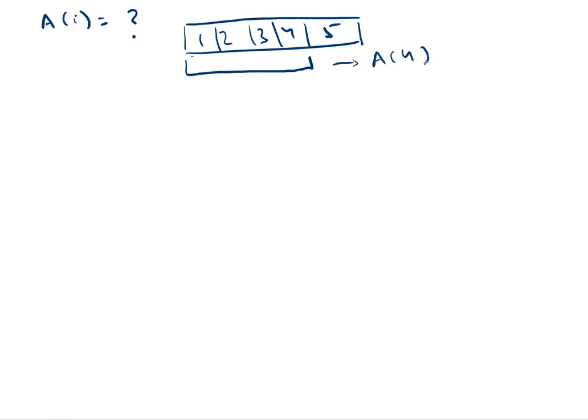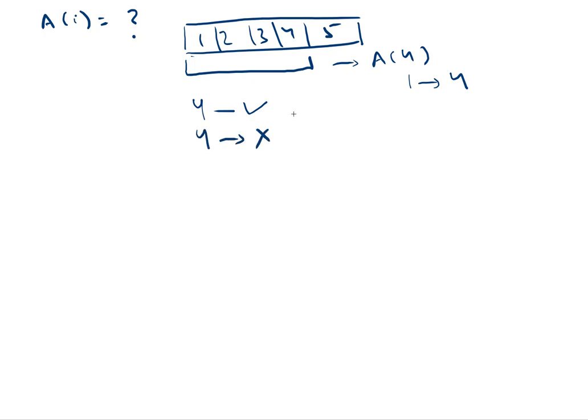So this is the maximum amount which can be stolen by stealing from houses 1 to 4. So now there are two choices for the robber when he's stealing at houses from 1 to 4. So he can either steal house 4 or he will not steal at house number 4.